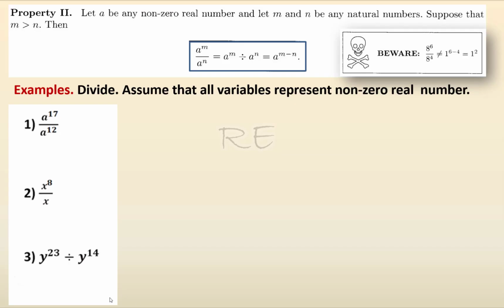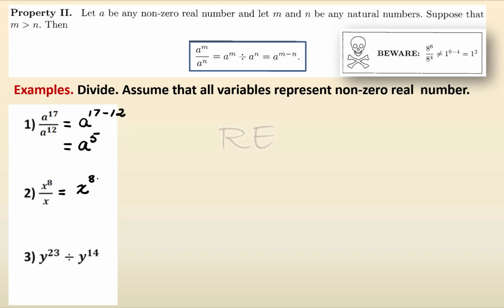If m is greater than n, a^m divided by a^n is equal to a^(m−n). A to the 17th over a to the 12 is a to the 17 minus 12, a to the 5th.